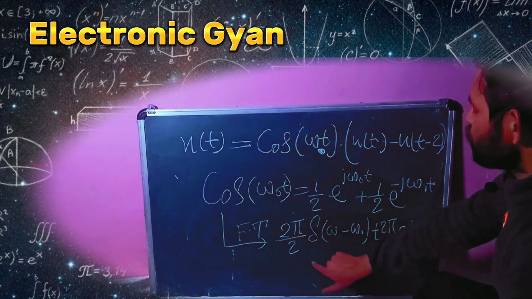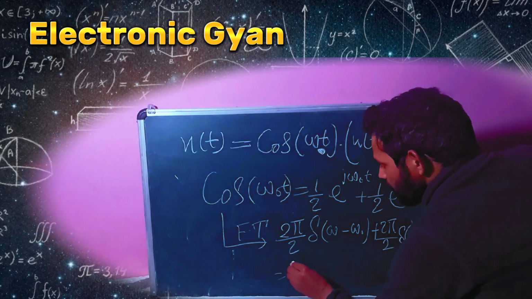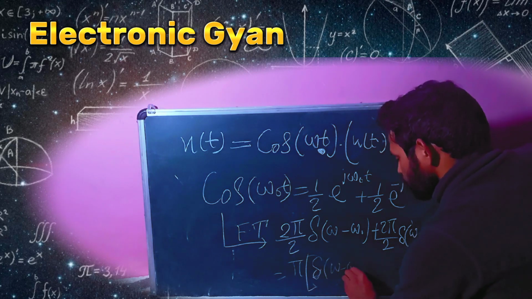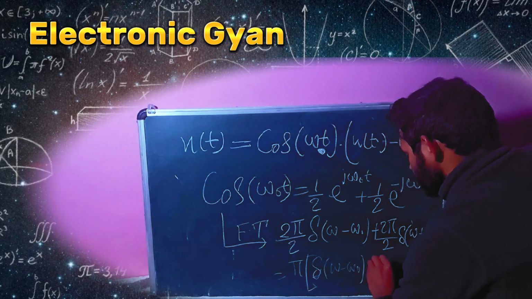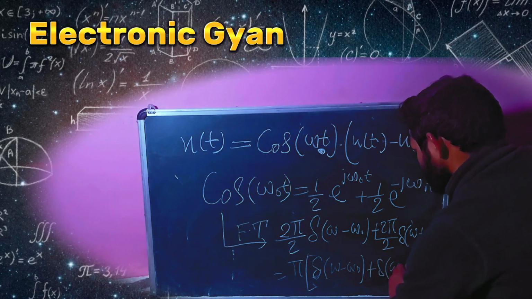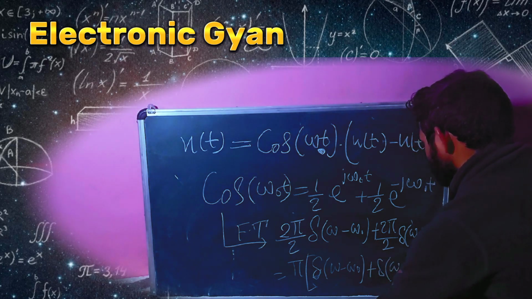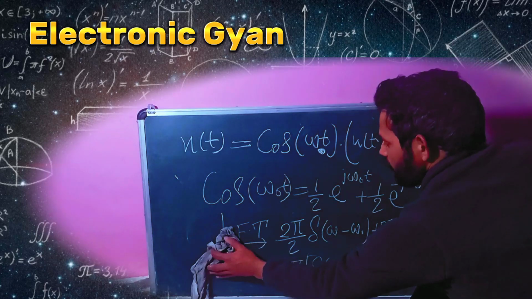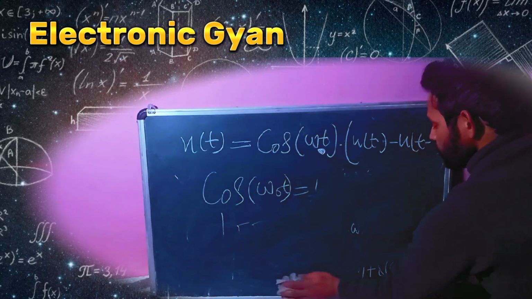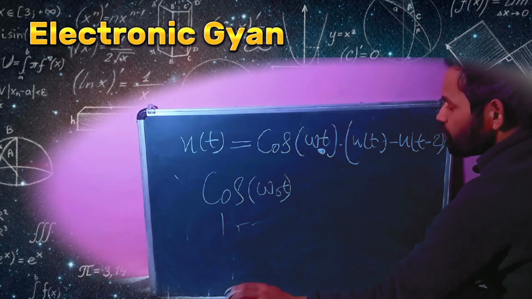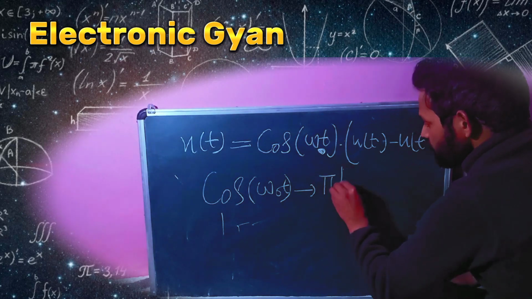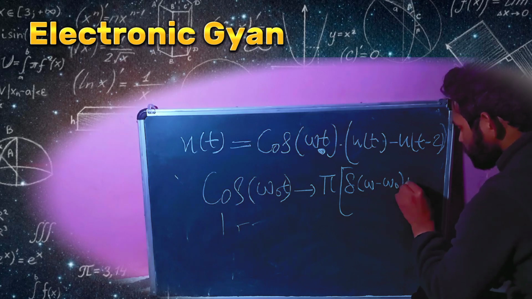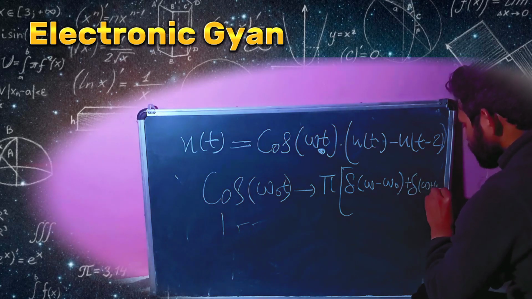Now the 2 gets cancelled, and we get pi into delta of omega minus omega naught plus delta of omega plus omega naught. This is the Fourier transform of cos omega naught t. So now I can write directly that the Fourier transform for this signal is pi into delta of omega minus omega naught plus delta of omega plus omega naught.